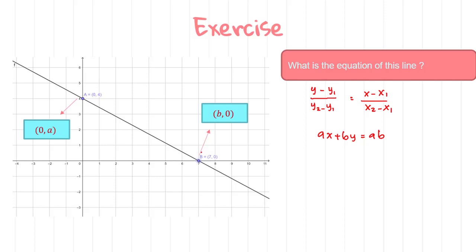So you just need to do a substitution using the coordinates, and you will find 4x + 7y, and you multiply 4 with 7 is equal to 28. So this is the answer.